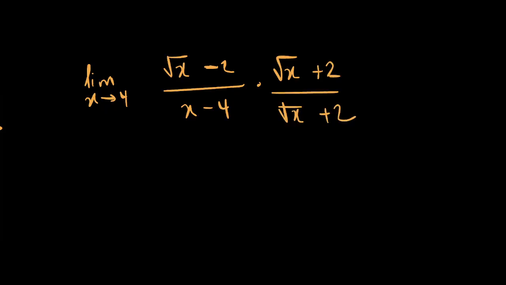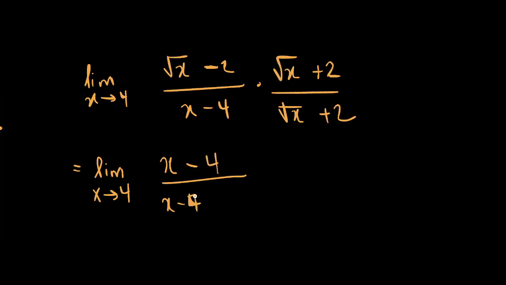plus 2. Again, this is difference of squares, which allows us to simplify this to become the limit as x approaches 4 of x minus 4 divided by x minus 4 times the square root of x plus 2.